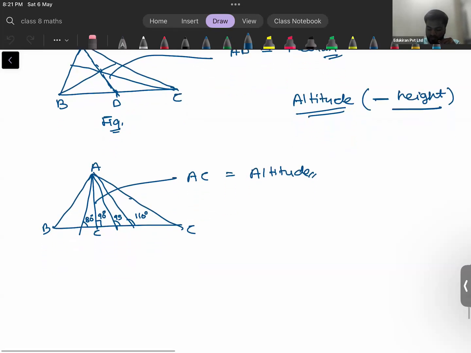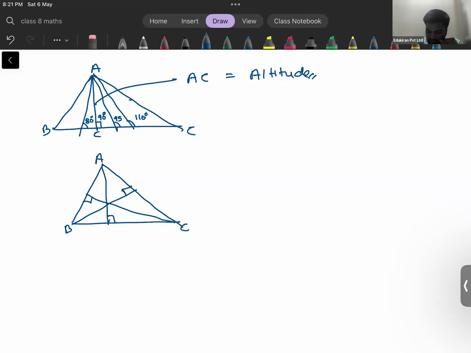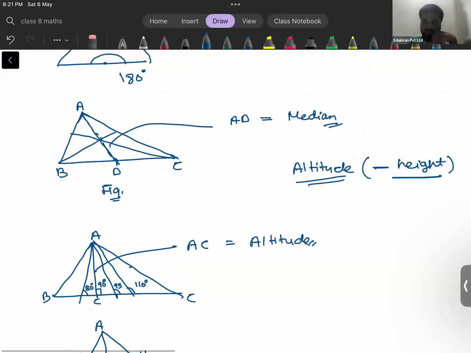Similarly, maximum three altitudes can be drawn in a triangle, right? Like this, we can draw three altitudes in a triangle. So those were the few basic things which we discussed.